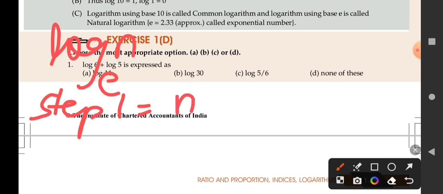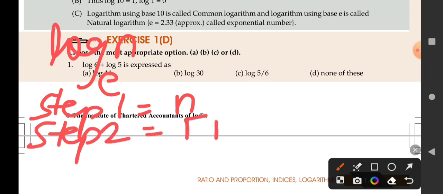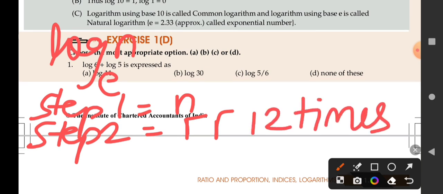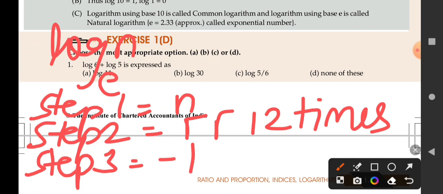Step 1, press n on the calculator. Step 2, square root 12 times. Step 3, minus 1.